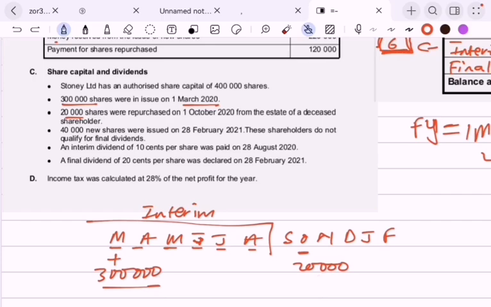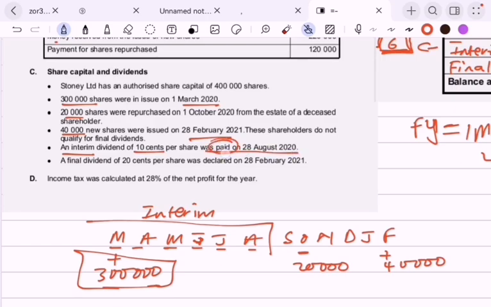All right. So now let's go to our next bullet. They said 40,000 on 28 February. So these 40,000 shares were issued on 28 February. So already we can see that it's only 300,000 shares which are going to qualify for interim. And then they said to us an interim dividend of 10 cents per share was paid on 28 February.